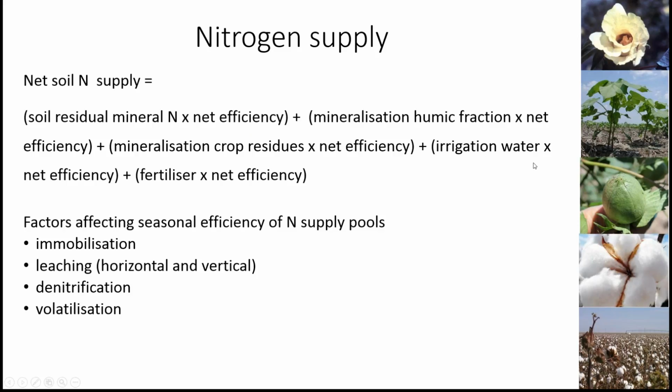And irrigation water has a different efficiency as well, where we're recycling nitrogen. It's the added effect of those that becomes the added nitrogen supply, and therein lies the complexity of trying to estimate the nitrogen supply in any one season. That efficiency is made up of losses via these processes here.